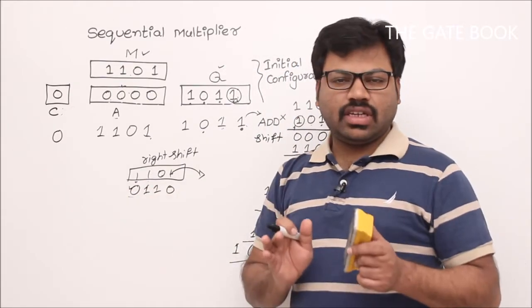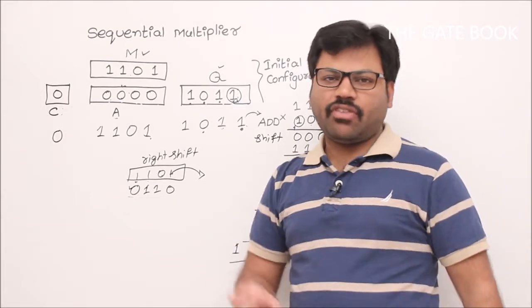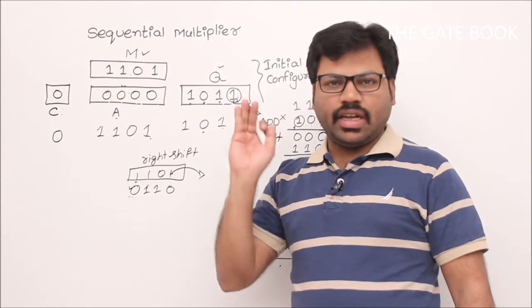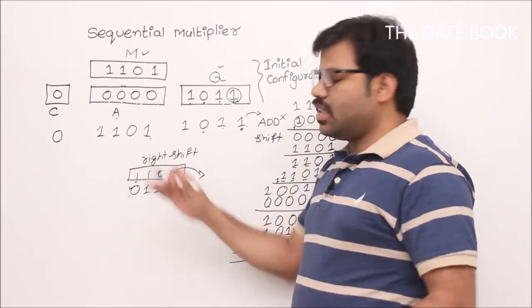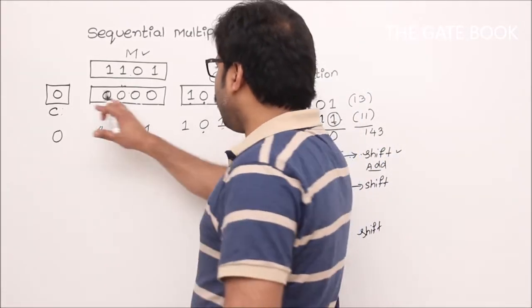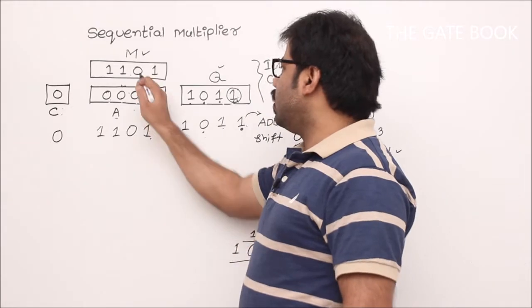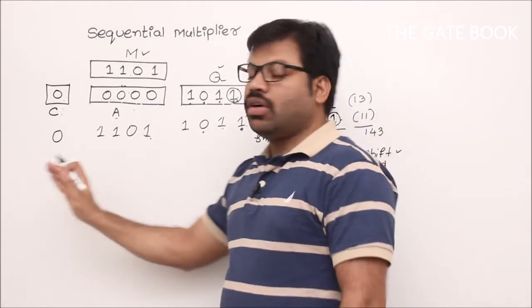When you have a register, we can implement an operation called right shift. For that you will have an extra circuit that you will study in digital, not here. At this moment we are assuming that a register can be shifted, right? So right shift, now I am doing that. This is a register, this is a register, this is a flip-flop, and this is a register. Let me do right shift.